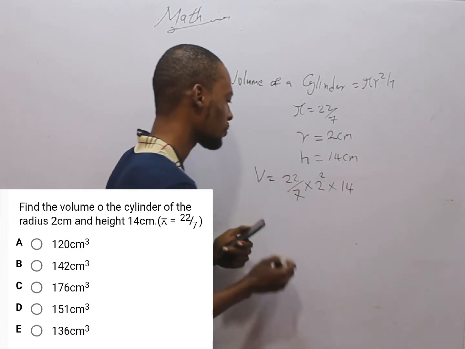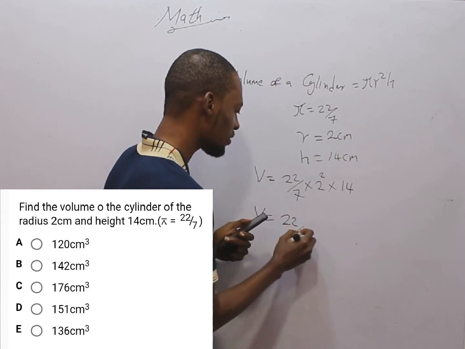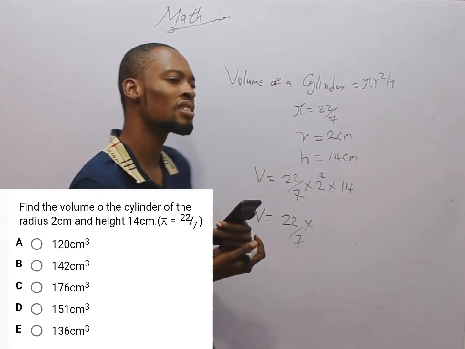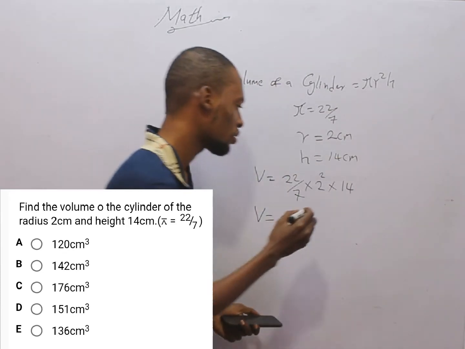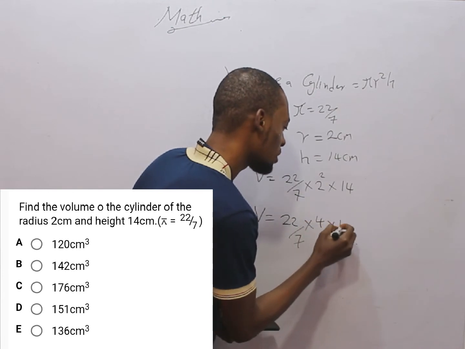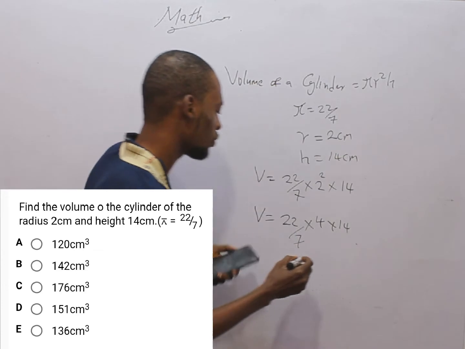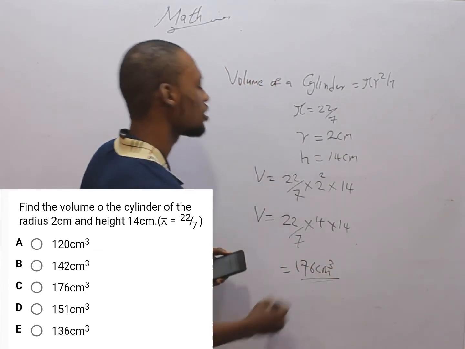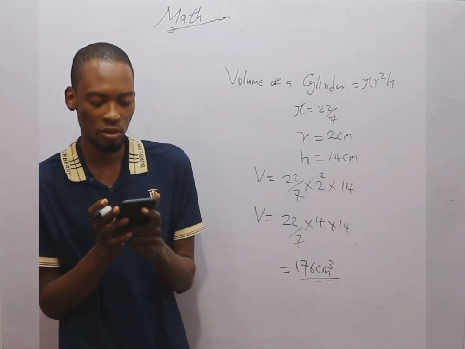Volume equals 22/7 times 2 raised to the power of 2, which is the same thing as 2 times 2. 2 times 2 is what? 4. So times 4 times 14. This will give you 176 centimeter cube. The unit of volume is centimeter cube or meter cube.